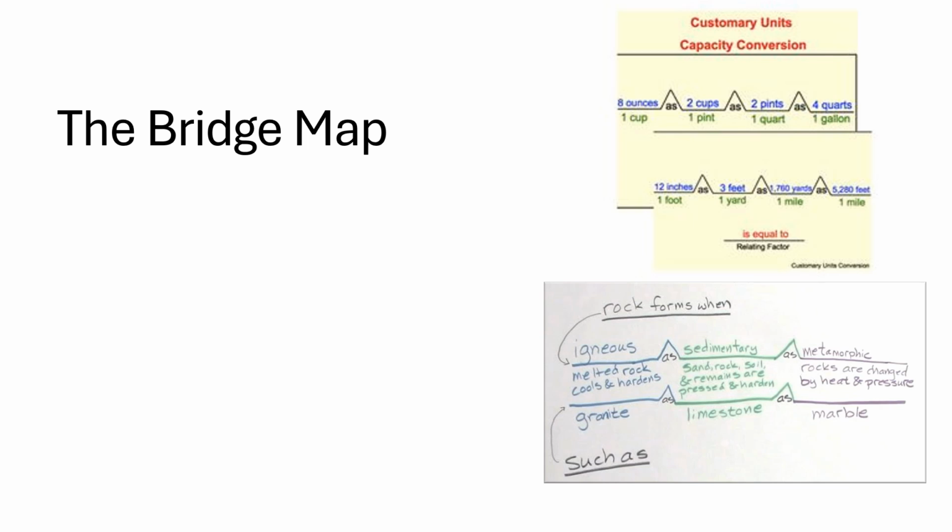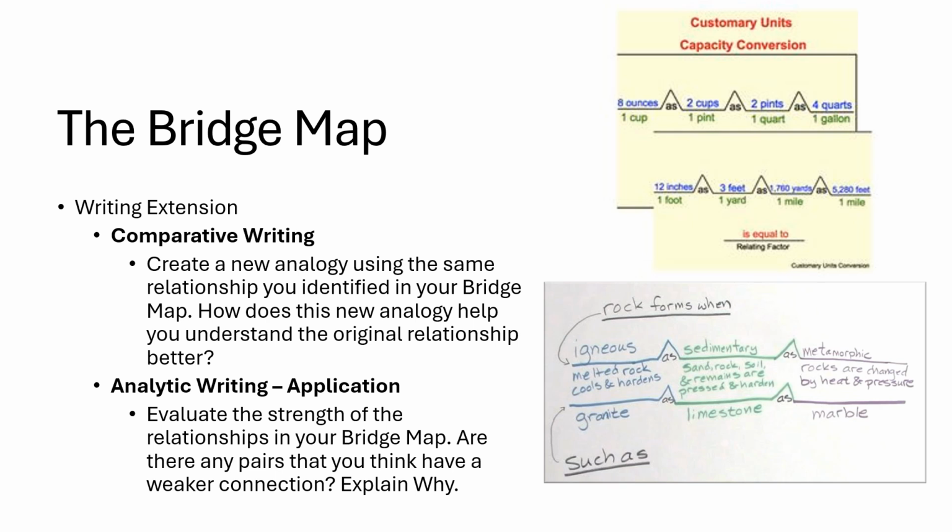The bridge map is particularly good for helping students understand mathematical representations and foundational reading skills. As in both examples above, you can stack bridge maps on top of one another. And please follow the 2 writing extension prompts you see on your screen.